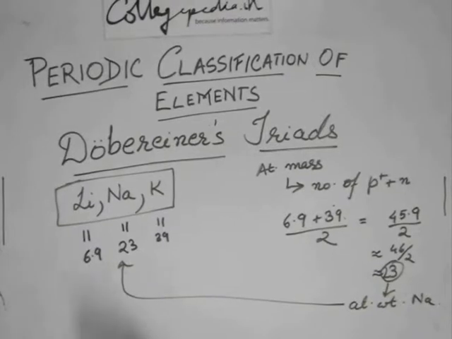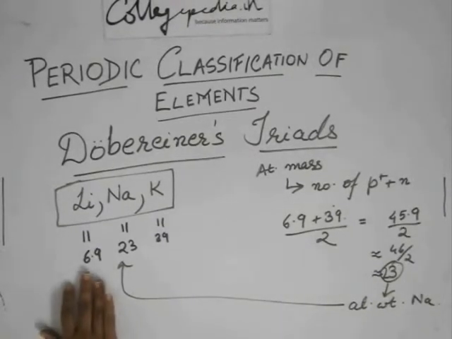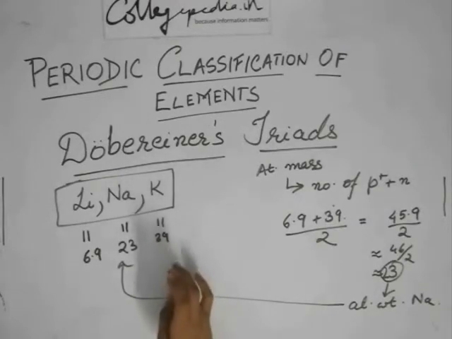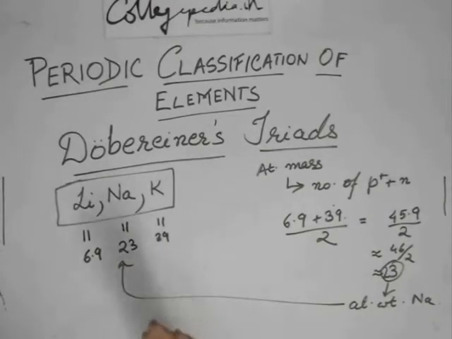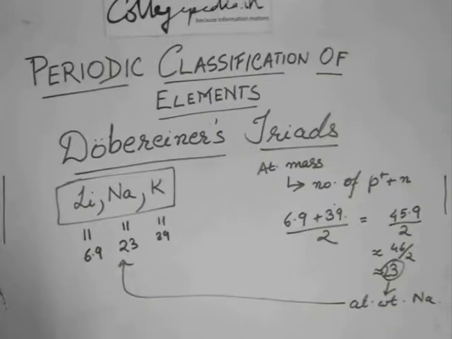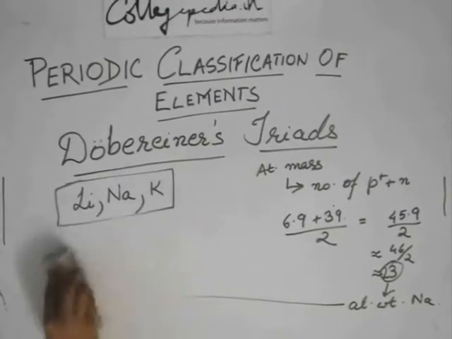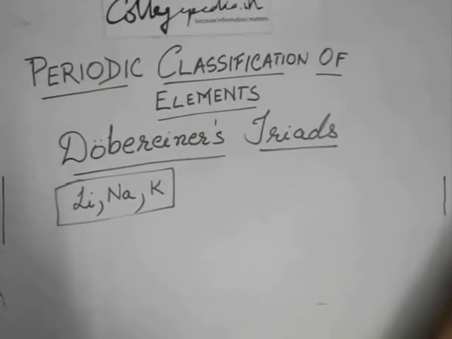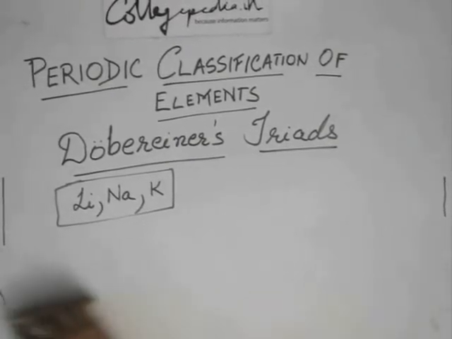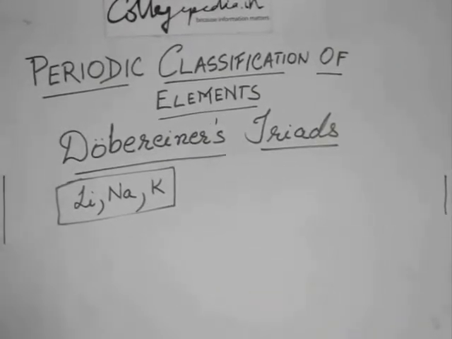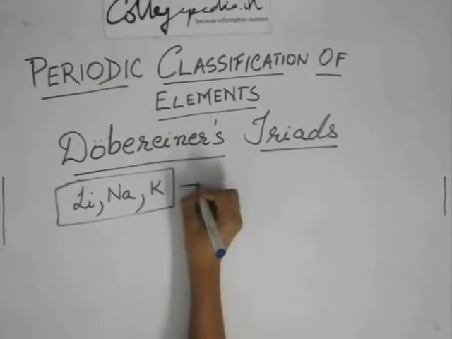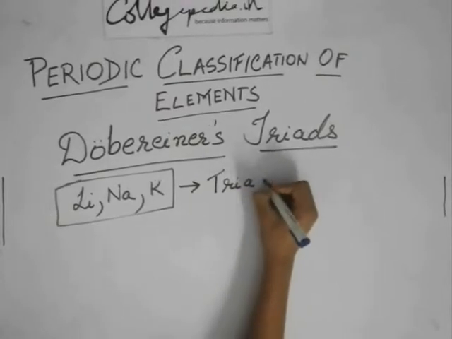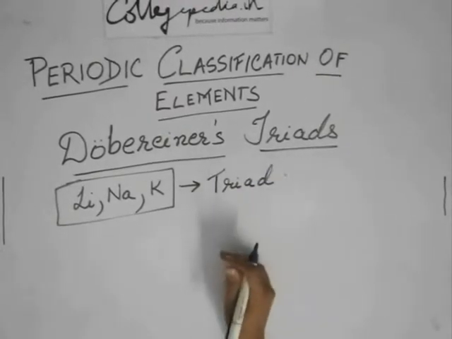So he noticed that the average of atomic weights of lithium and potassium is roughly equal to the atomic weight of sodium. So he called this a triad, because of their similarity.